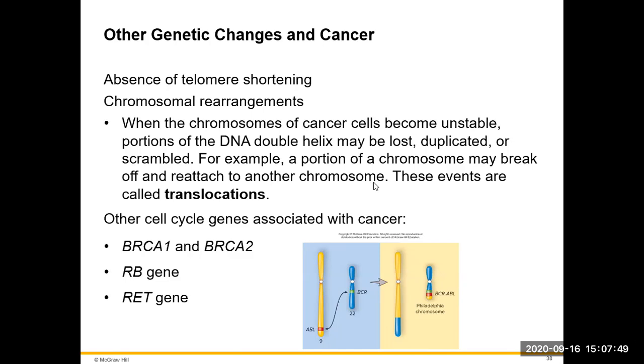That's normal. But in some cases, even though you go through duplication, these telomeres don't get shorter. So when there is an absence of telomere shortening, that means this chromosome is becoming cancerous and the whole cell is becoming a cancer cell. So absence of telomere shortening could be the source of some cancer cells.